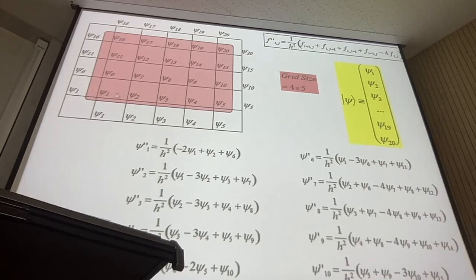But in order to calculate del square, we just assume this value is the same as the neighboring point. And this value is the same as its neighboring point. This one is also unknown, so we assume it is equal to its neighboring point. And at the top, we also assume this point is equal to its neighboring data.